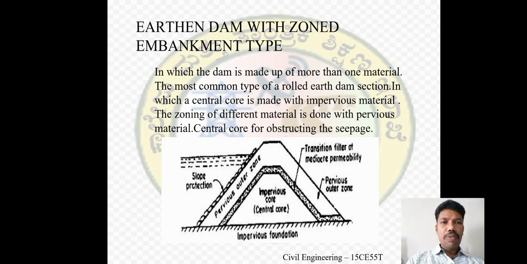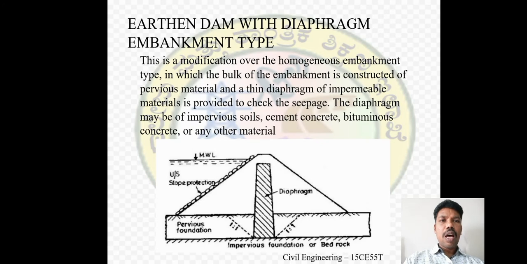And we have the next one, earthen dam with diaphragm embankment type. This is a modification of the previous 2. In this one, instead of providing a very big core wall, a small section or small core wall is provided, that we call a diaphragm.